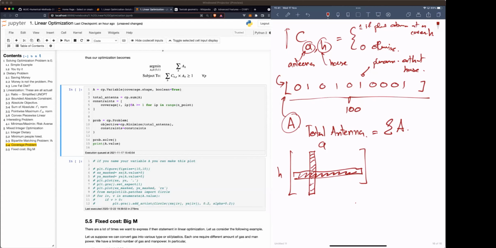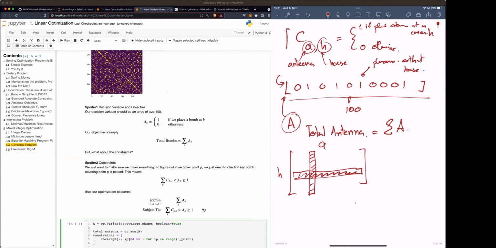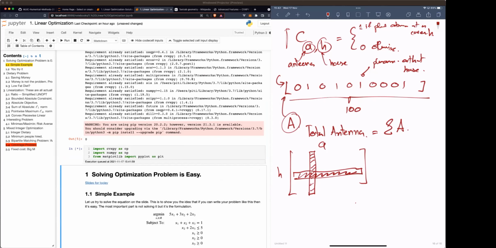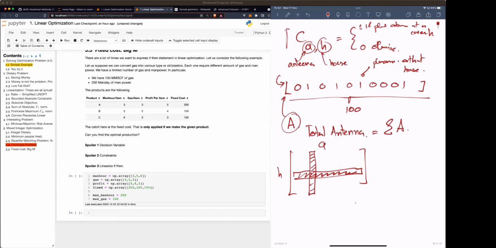Great. No, I restarted it already. Sorry about that. Let me think. If I can restart, that means it's actually finished computing.